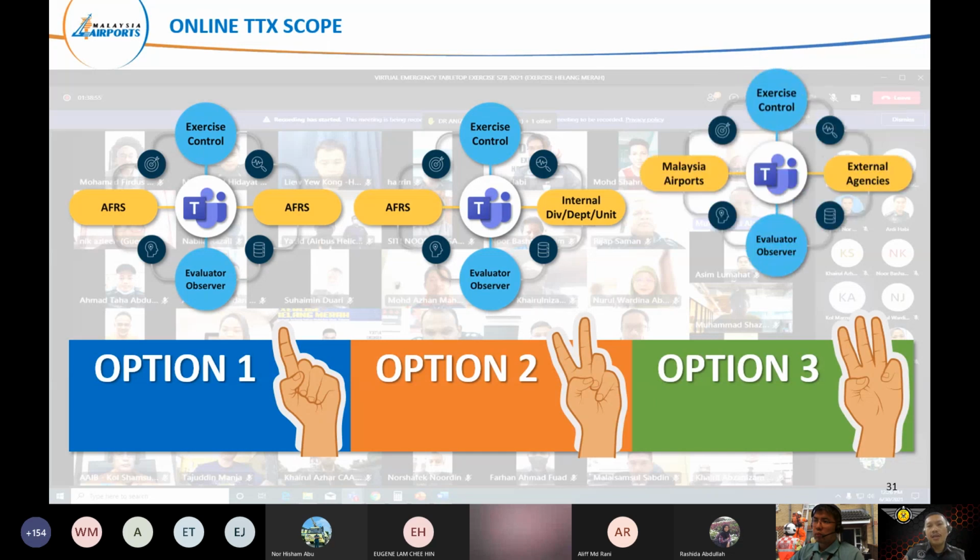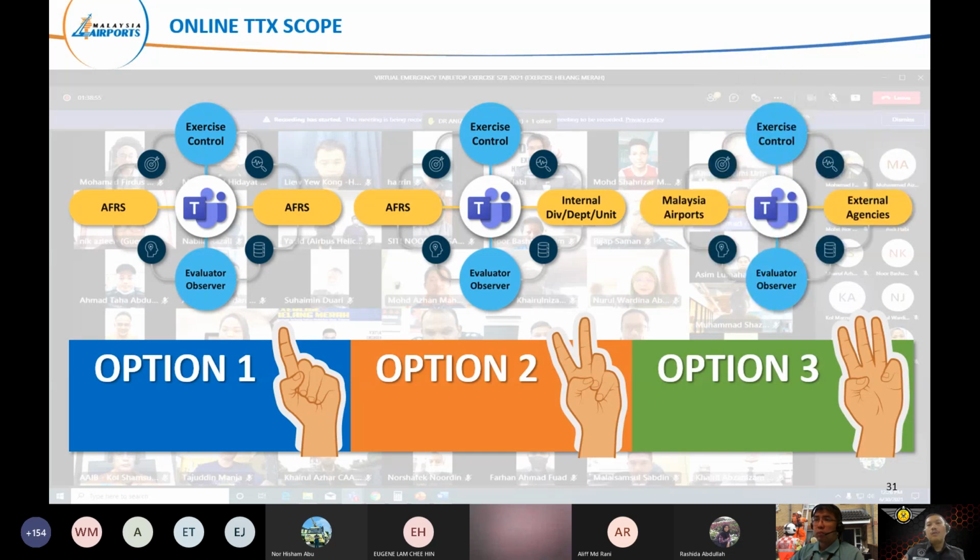Or on a larger scale, we can do it with all agencies as stated in the local aerodrome emergency plan, involving the airport operator as well as external agencies. So we did both the first option as well as the third option.